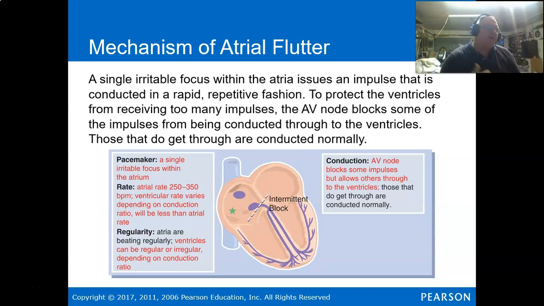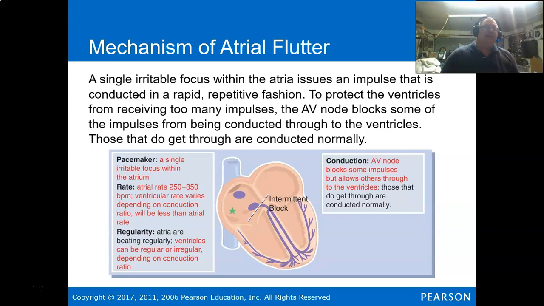Now, me and Mel and Dave as lead instructors are going to go, wait a minute, we can let this order through, and we can let this order through, and we can let this order through, but we're not doing this number right here. So there's kind of an intermittent block to it. Now, the good news is your atrial rate here is about 250 to 350 beats a minute, but your ventricular rate's going to depend on how many signals the AV node lets through to the ventricles, okay?